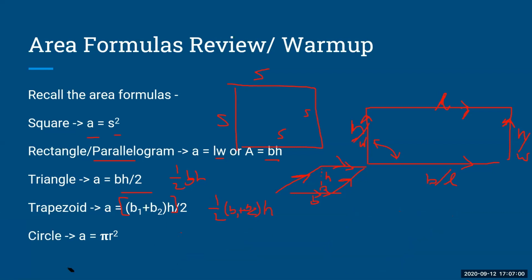I did a little recap on why it's pi r squared. I think I remember. If you have your circle and you have your center here, you make a bunch of these pie slices, and every single one has radius r. Let's see if I remember this correctly.